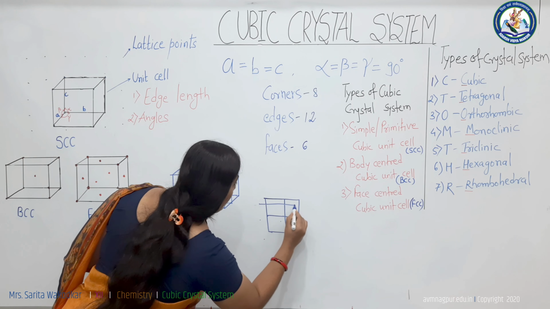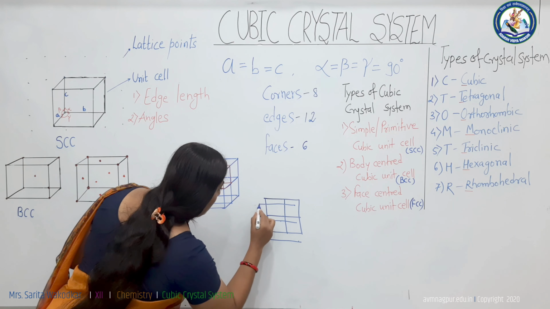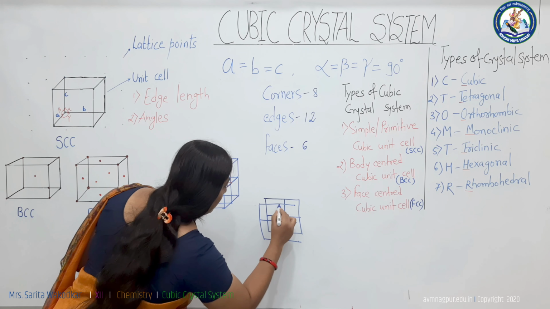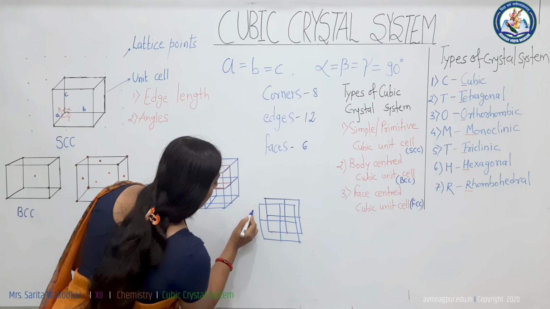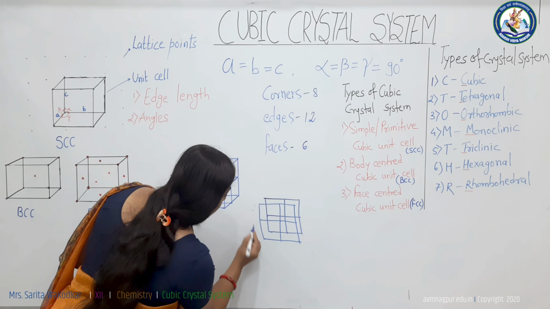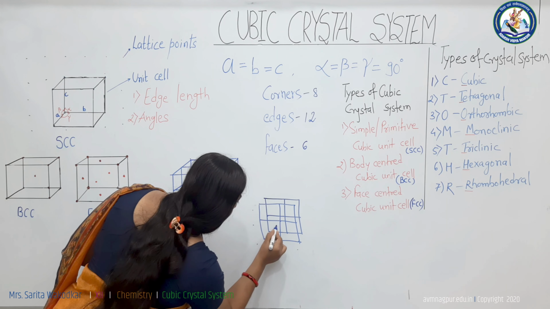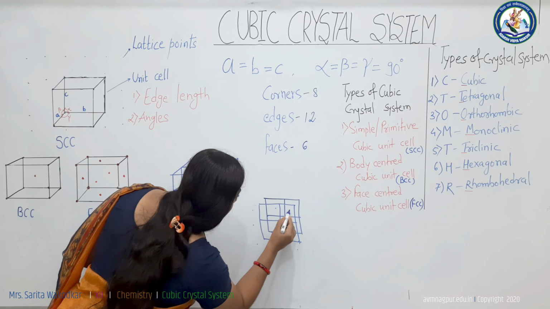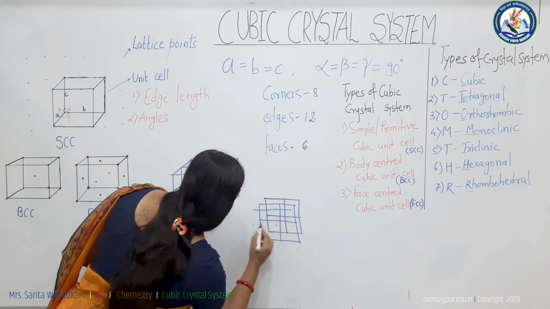Again join these points vertically and horizontally. Again draw these points just below the given structure and we get a structure of crystal lattice.